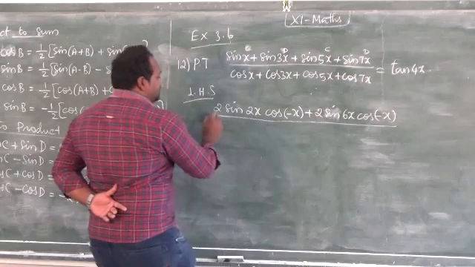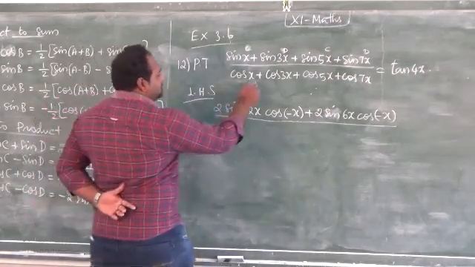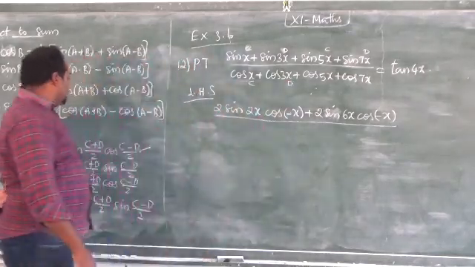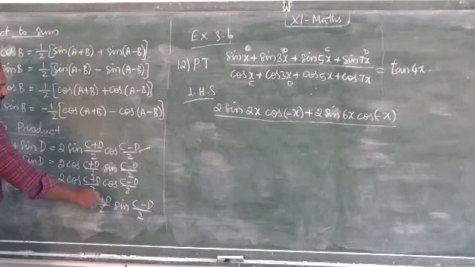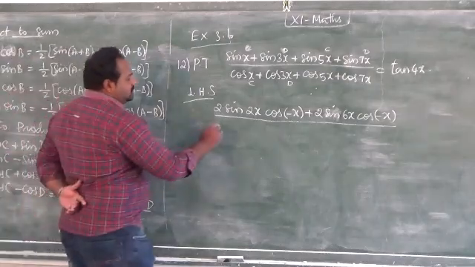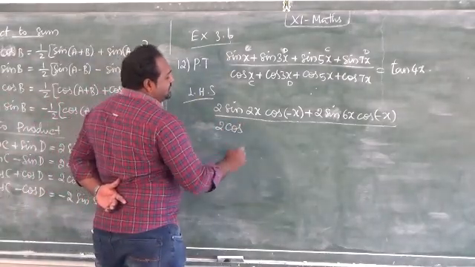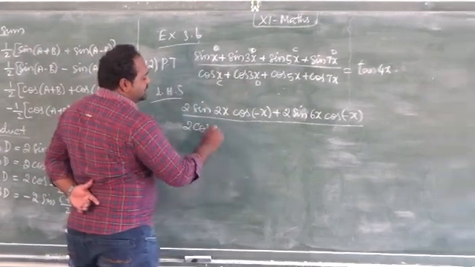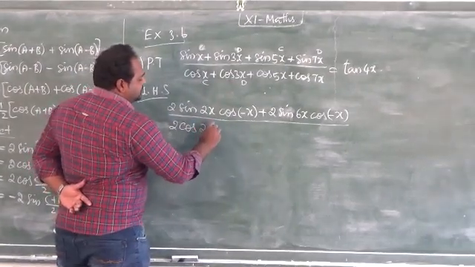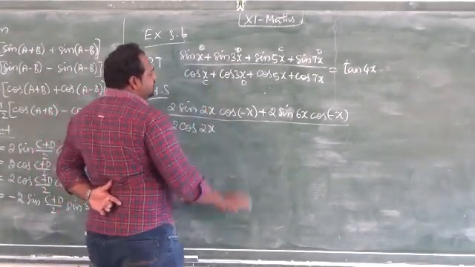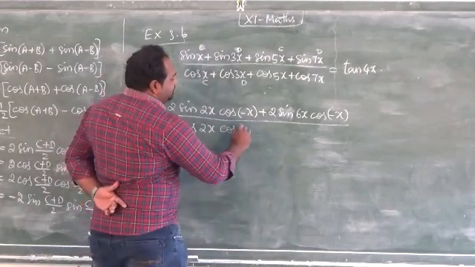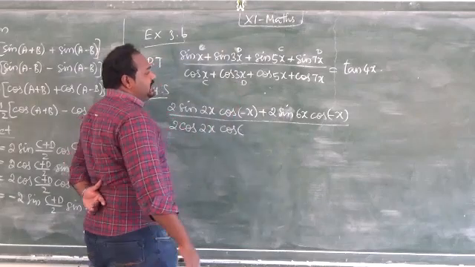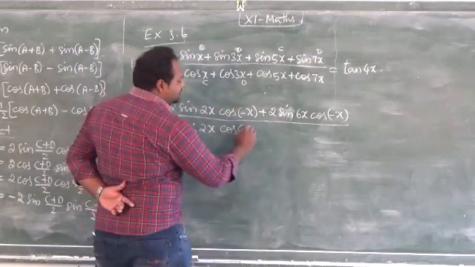This is the numerator. For the denominator, the cos C + cos D formula is 2 cos((C + D)/2) cos((C − D)/2). So 2 cos((x + 3x)/2), which is 2x, times cos((x − 3x)/2), which is −2x by 2, that is −x.